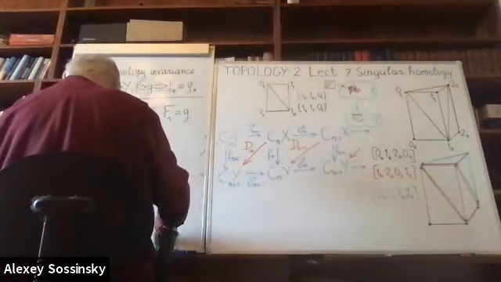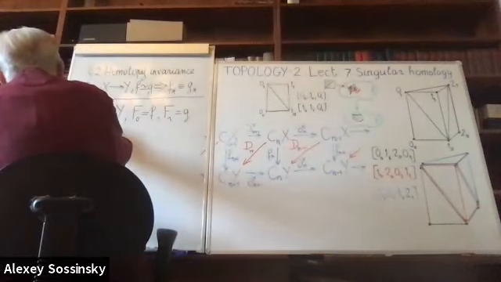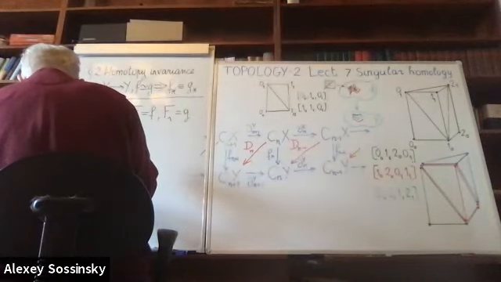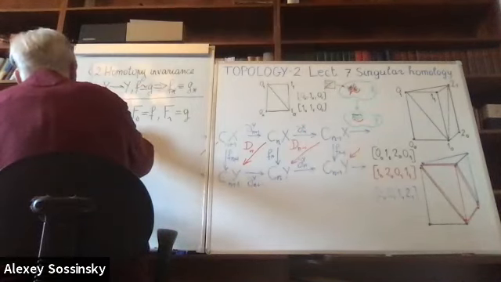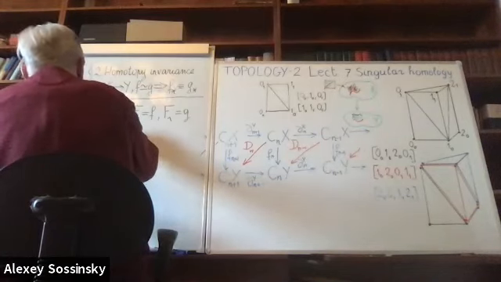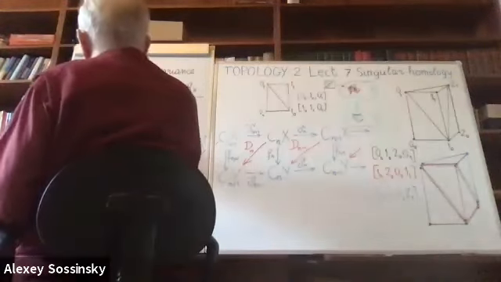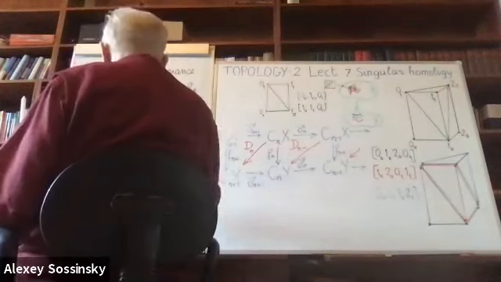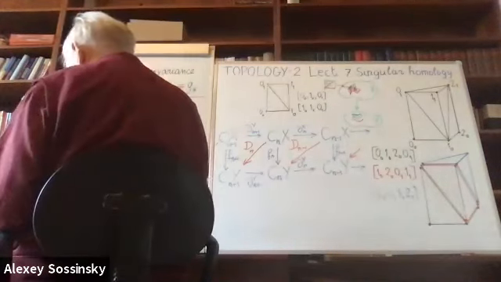Now I will define d_n on a singular simplex sigma_n, or to be slightly more precise, on a chain consisting of one simplex with non-zero coefficient being equal to +1. And then I will extend by linearity as always.